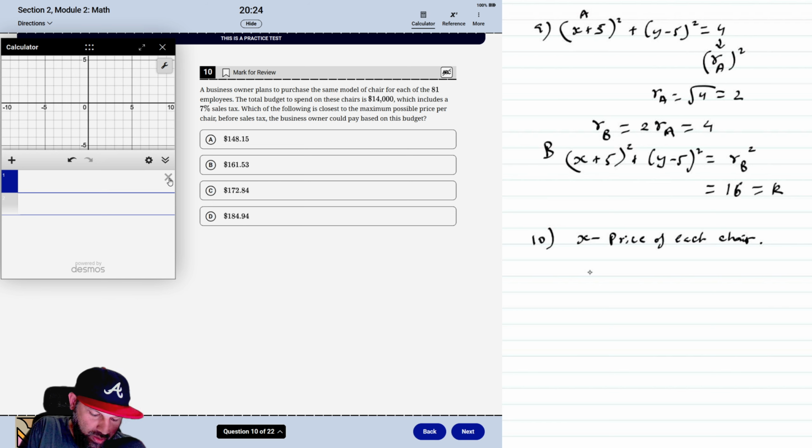The equation that we are going to have is, you have 81 employees, so 81 times, we also have the 7% sales tax that we have to pay, so it's going to be 1 plus 0.07 times x, which is the price of each chair, and that has to be less than 14,000.